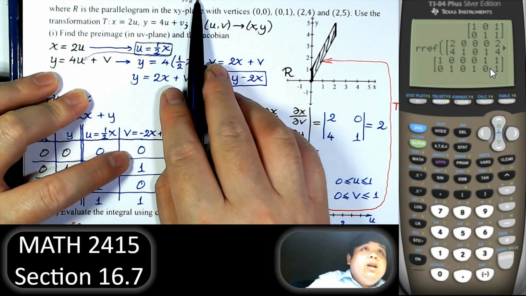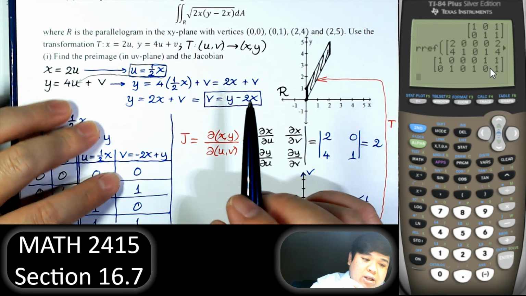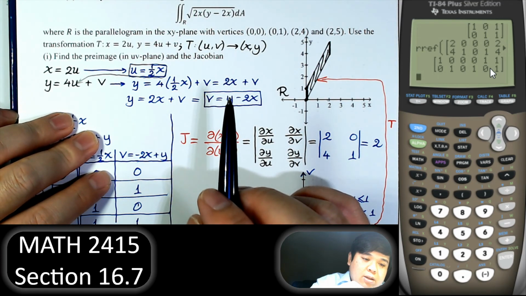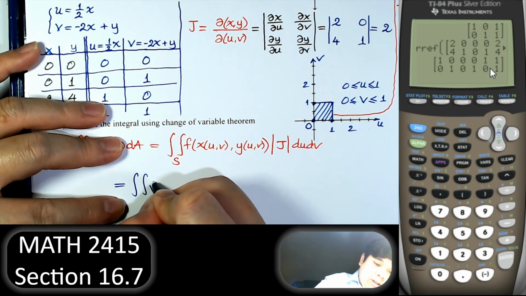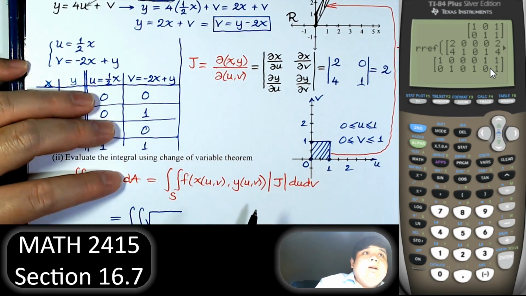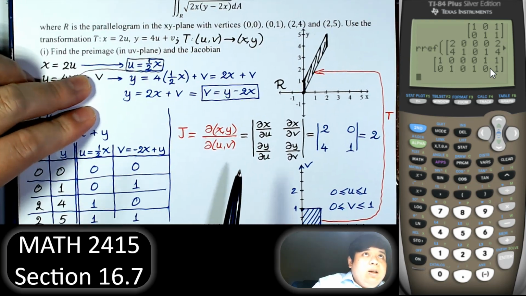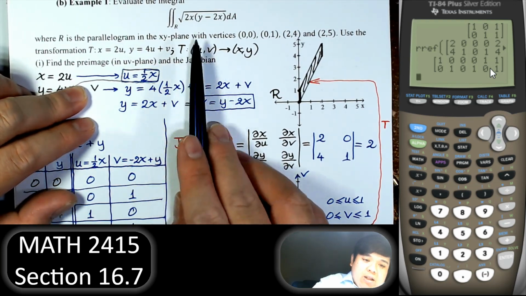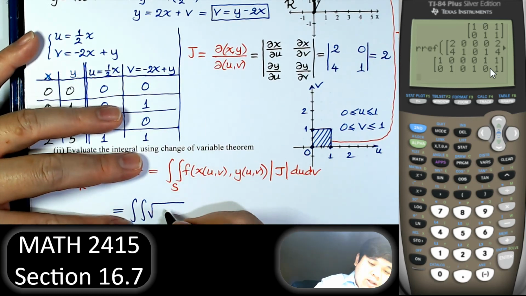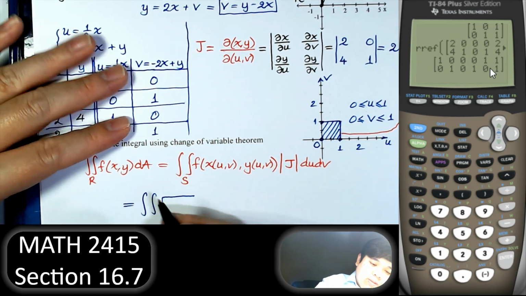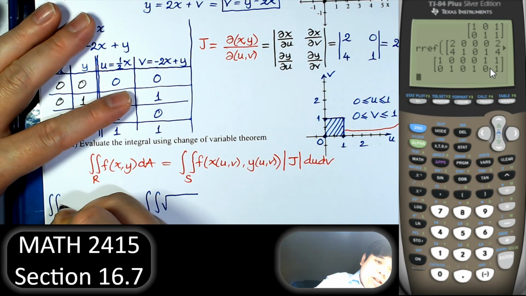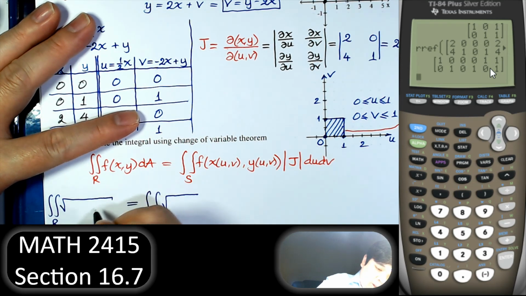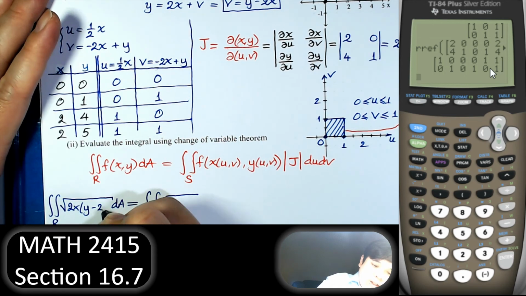Right, so in this particular case the function is the square root of 2xy minus 2x. So we substitute in. Just going to copy this: xy minus 2x.